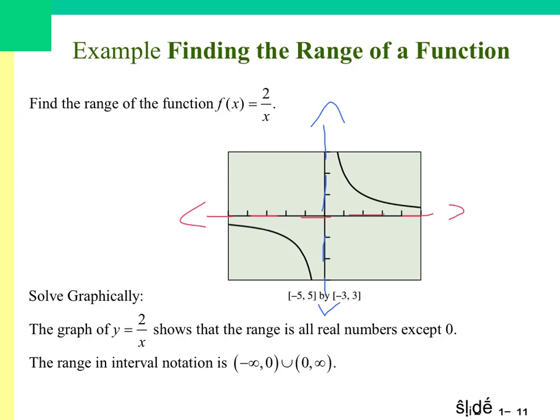So see down here how it has negative infinity to 0, union 0 to infinity. What that means is, remember, these mean cannot equal. So it goes anywhere from negative infinity to 0, union 0 to infinity. So that's telling you the only value it cannot equal is 0. Okay? So these are quick, but hopefully you're keeping up.